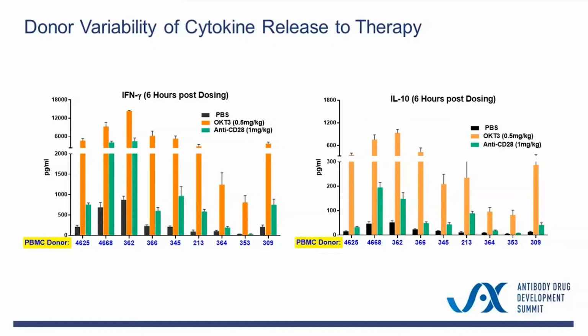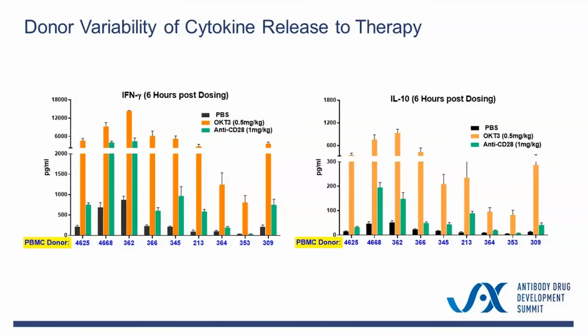In our paper we published last year in FASIP, donor 213, the 4th from the right, was done in 5 different experiments, and that data is shown to confirm reproducibility of the data we're getting.